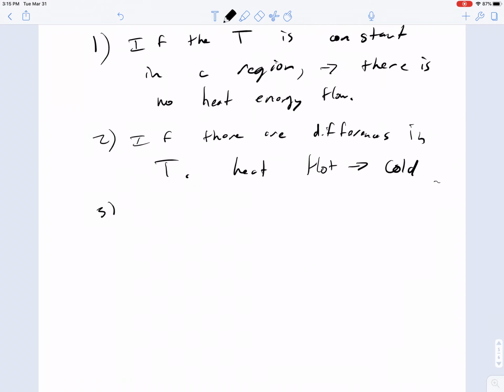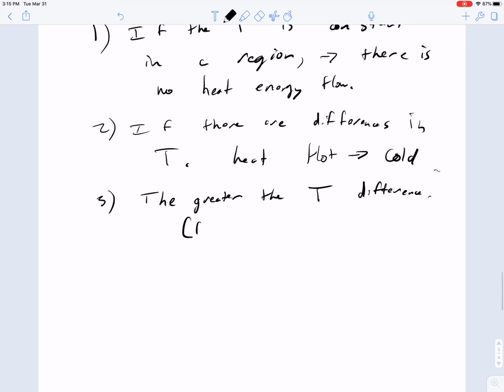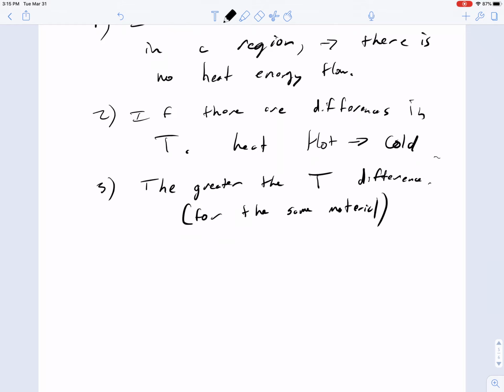Number three, the greater the difference in temperature, the greater the T difference, I'll just put a little caveat, for the same material, the greater the energy flow.